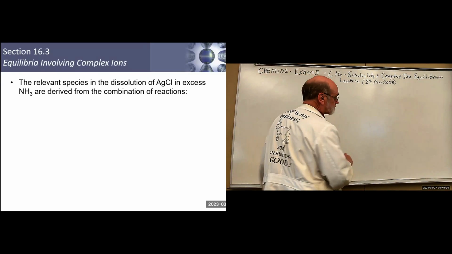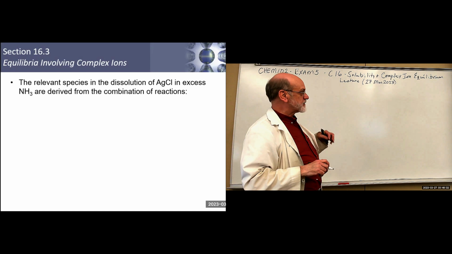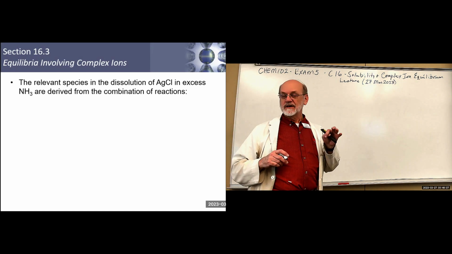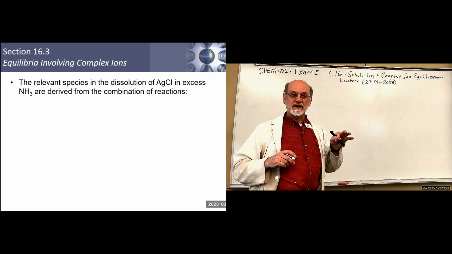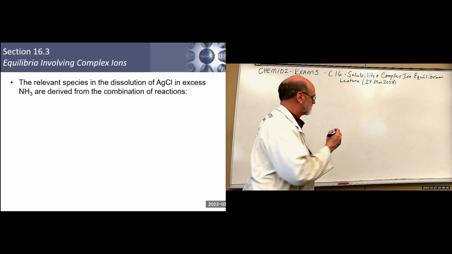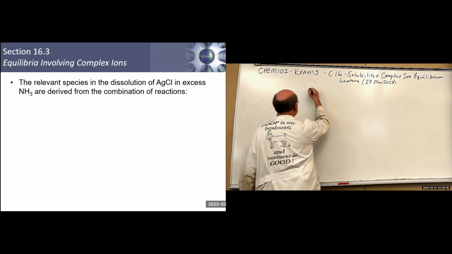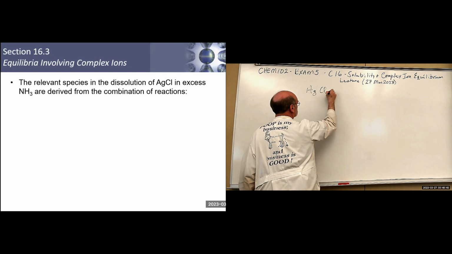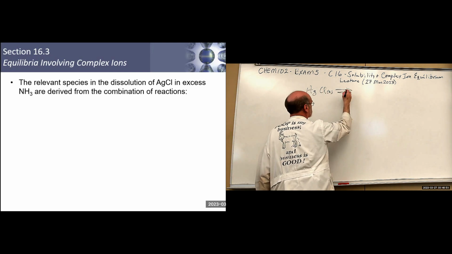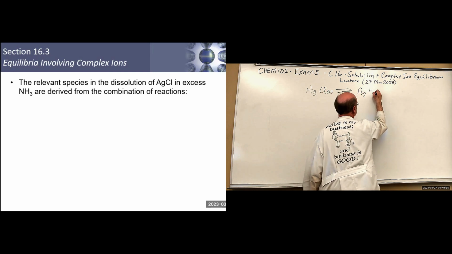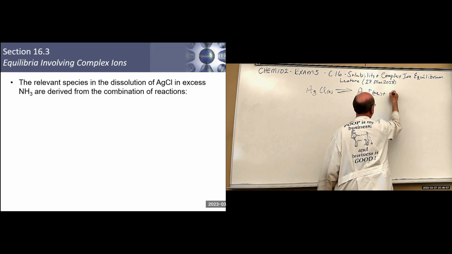So if we want to solubilize silver chloride by forming a complex ion with the silver +1 ion, ammonia is a good way to do it. So here's the one we want to solubilize: silver +1 and chloride.